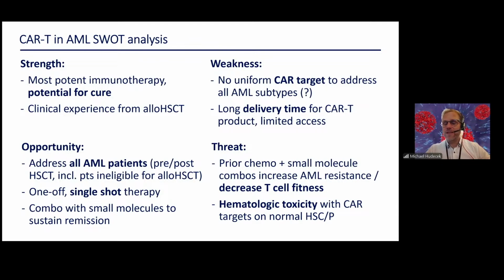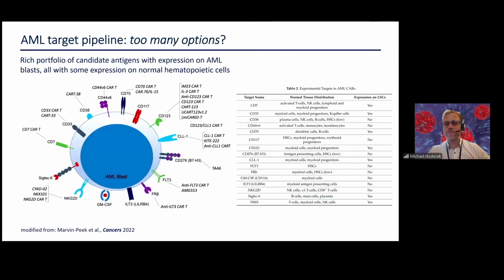The weakness, and the open question, is whether we will ever find a CD19 analog and whether we can, with one target, address all of the AML subtypes that we know today. And the threat is compromised T cell or immune cell fitness after prior chemotherapy, and hematologic toxicity that is anticipated to result from most of the targets that we have in our pipeline.